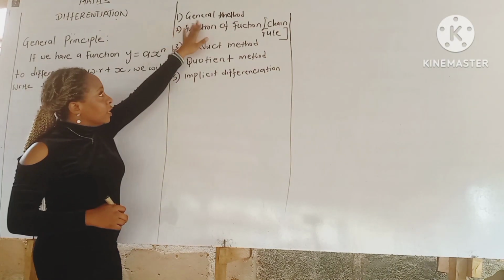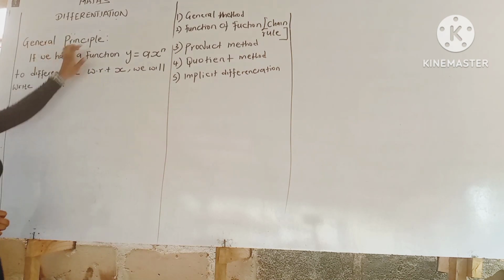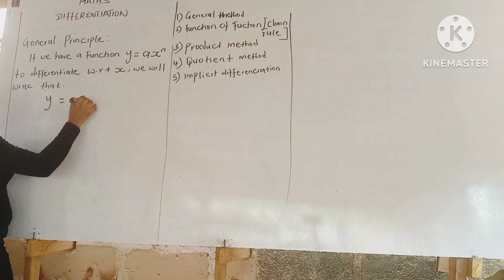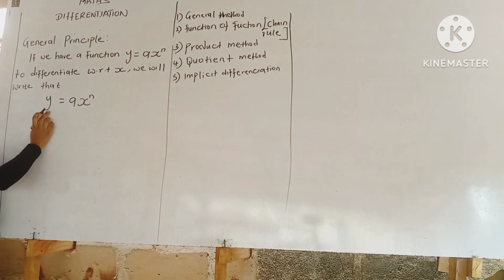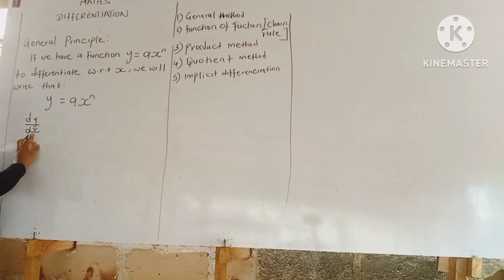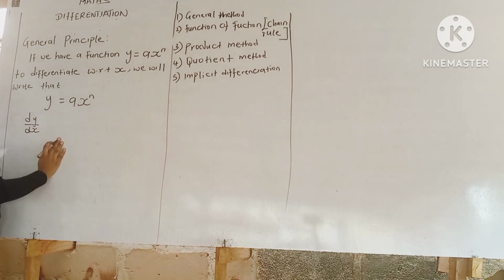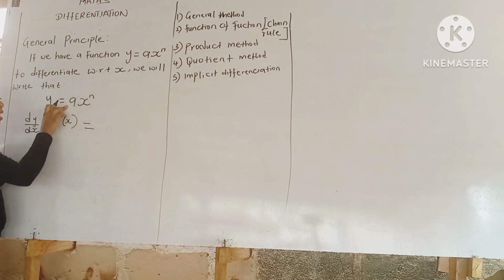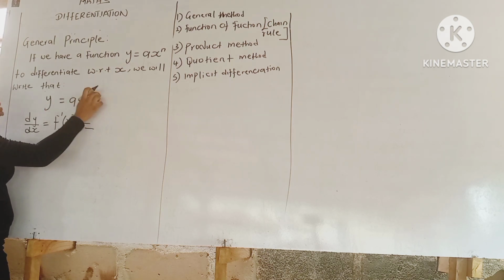So the first one is the general method, and that is the first principle. It says that if y is equal to ax raised to power n, to differentiate this, we have dy over dx because we are differentiating with respect to x. The general formula says to use the power and multiply the coefficient, and subtract 1 from the power.